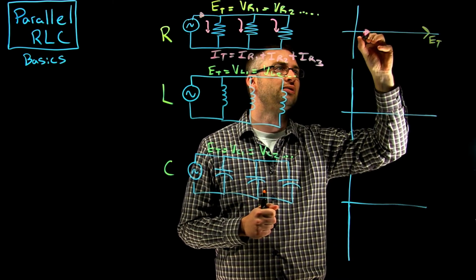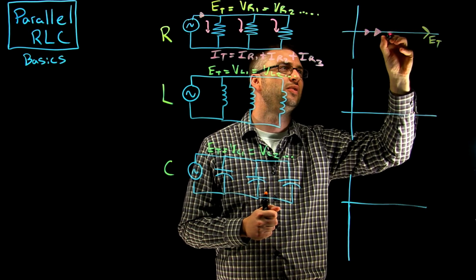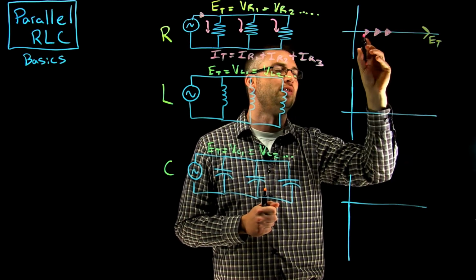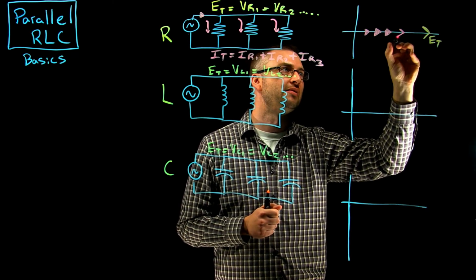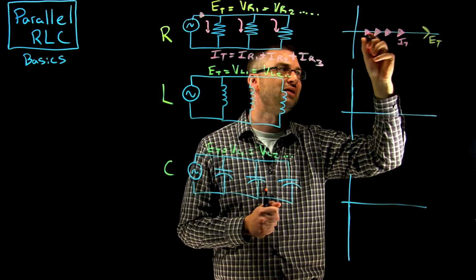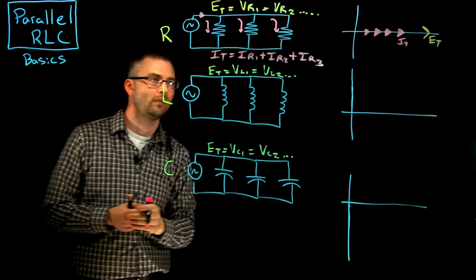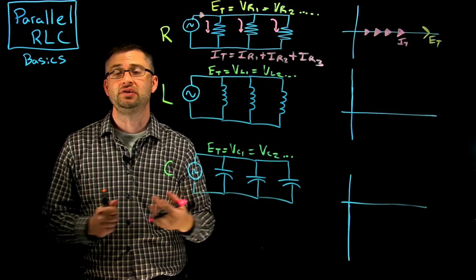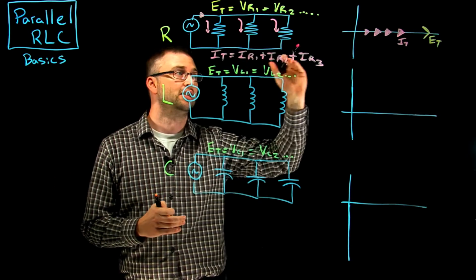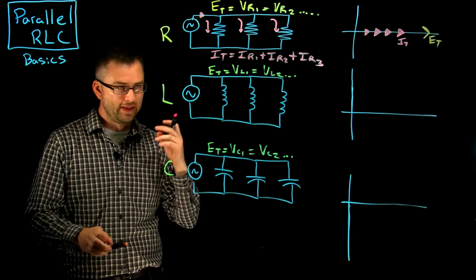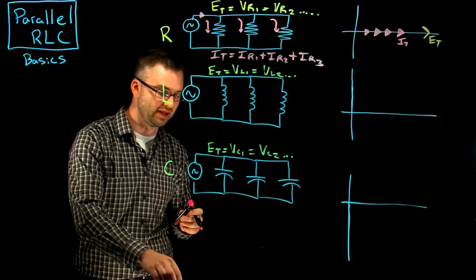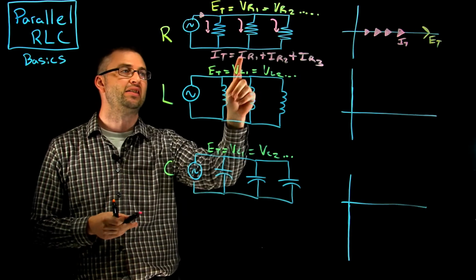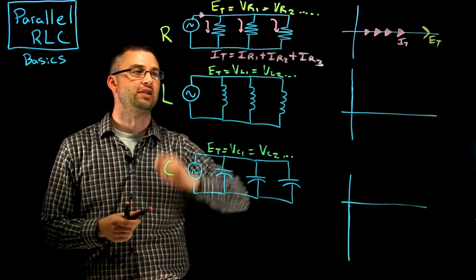So my currents are all in phase with each other, and I can add all three up to get my I total because they're in phase. Technically I added them up as phasors, but I didn't have to do any trig because they're all at 0 degrees. So that's true with the resistors: in a purely resistive circuit, we can add all the resistive currents up.